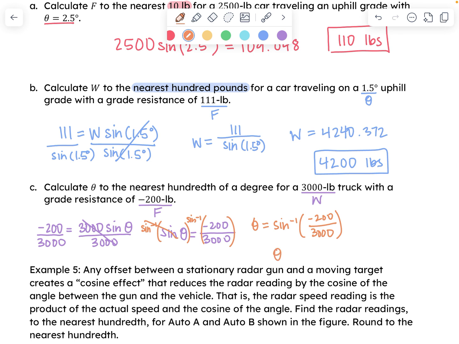I can plug that into my calculator: second sine to get the inverse sine, negative 200 divided by 3,000, and I get negative 3.8226. It tells me to round to the nearest hundredth of a degree. So that's 2 decimal places. So I would say that theta is equal to negative 3.82 degrees.